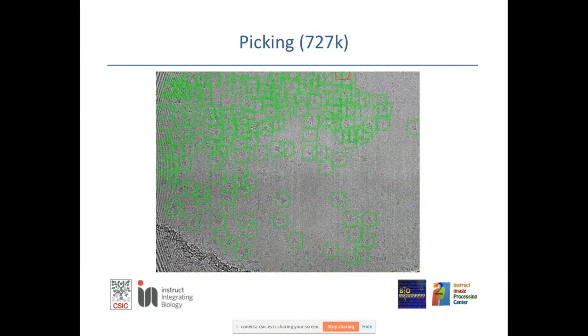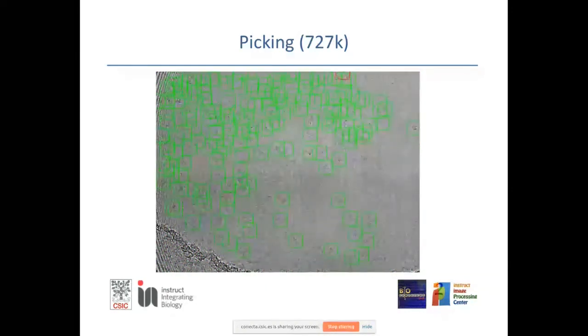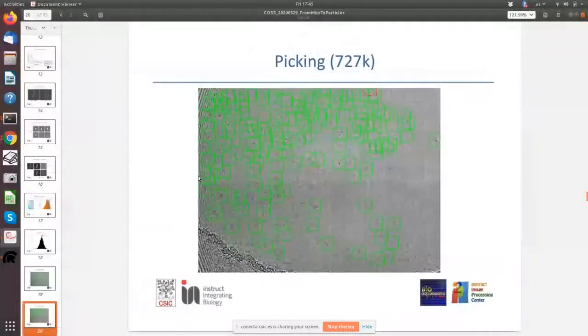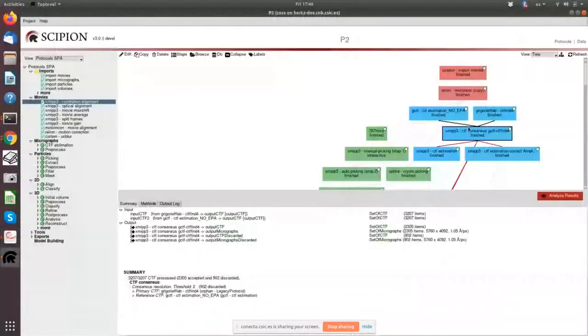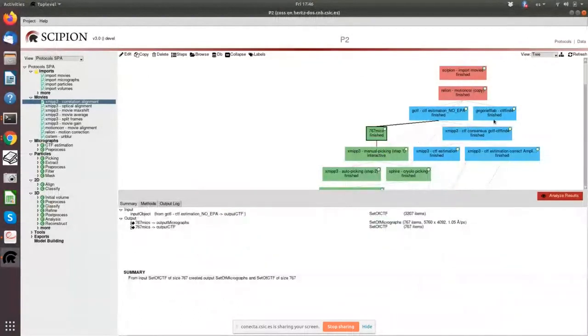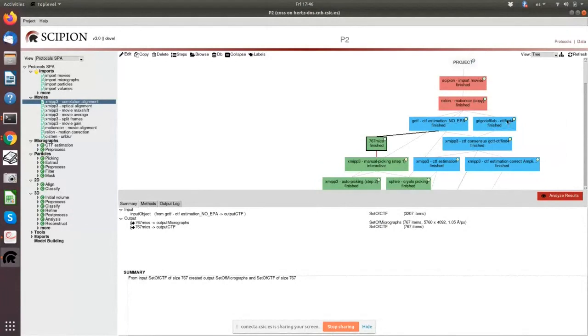So here is another picking with 700,000. This one was done with Cryolo, and let's see how these two are done in the project. This is an interesting idea. Let's say that you have an acquisition session of 1 day.